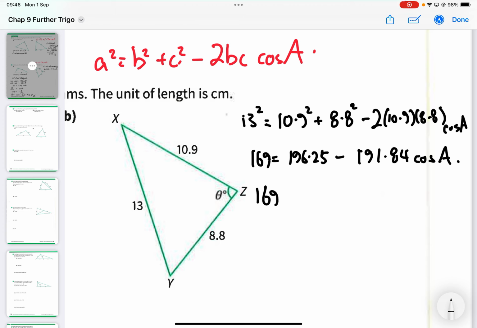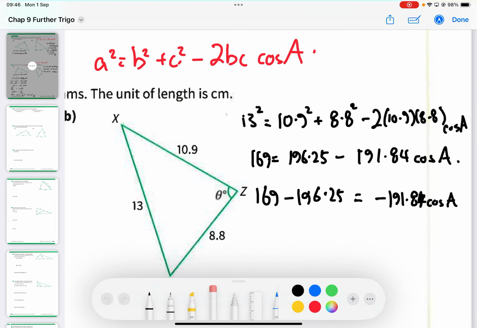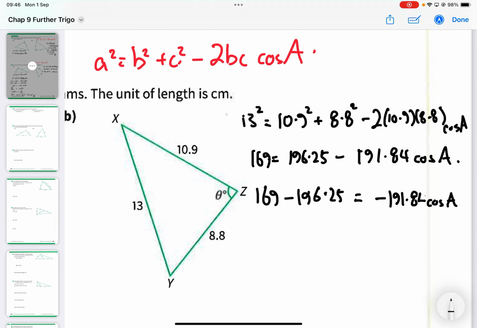So the left has 169, then 196.25 becomes negative. My right hand side, this one is gone. I still have this entire term with cosine A, and the minus belongs to this term, so it must still be a minus 191.84 cosine A. Simplify first. Whenever we can simplify, we simplify.